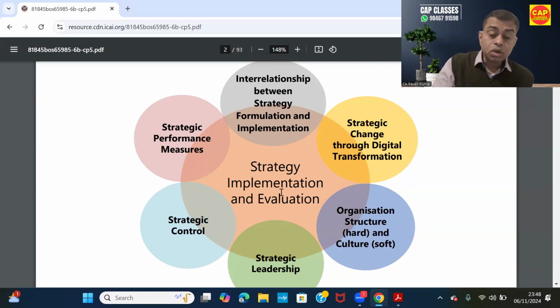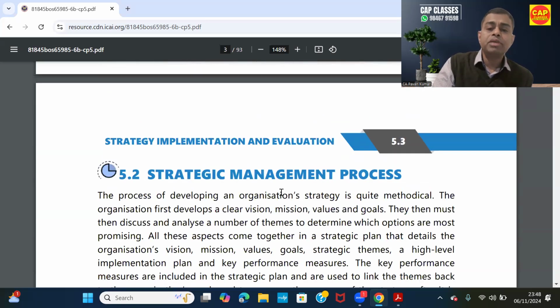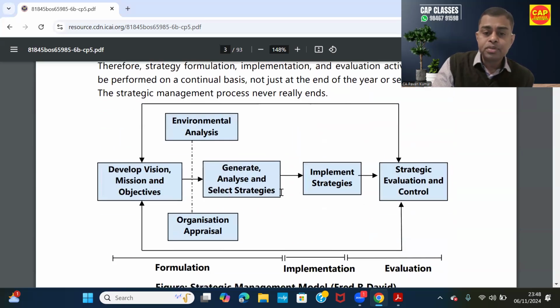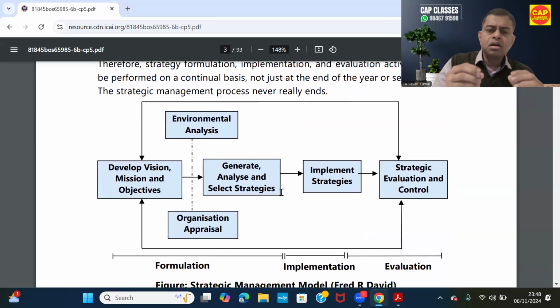So today's agenda is learning strategic control. They have given a beautiful diagram on page number 5.3. Just spend 10 to 20 seconds understanding the diagram. Just read the diagram. We have done this before also, but I want you to revise it again.